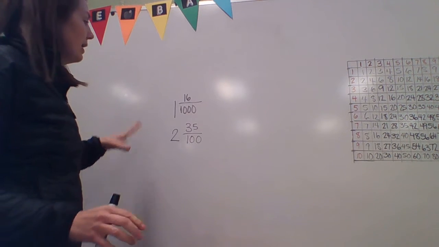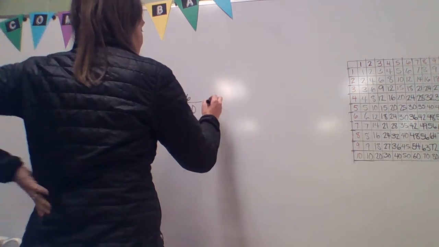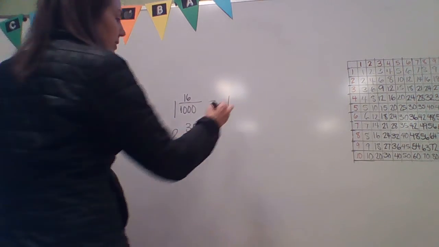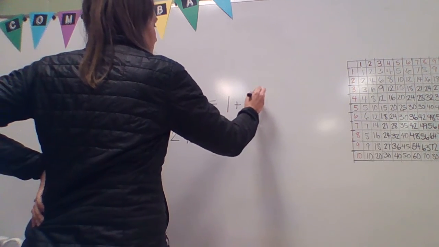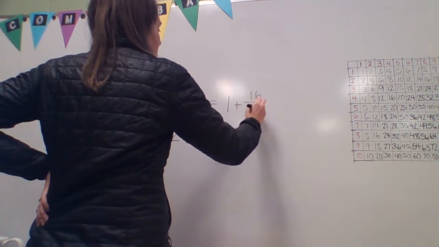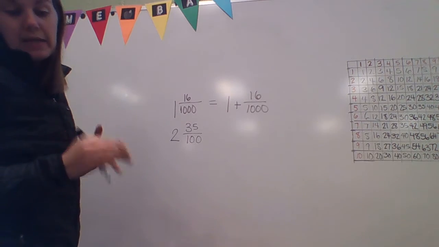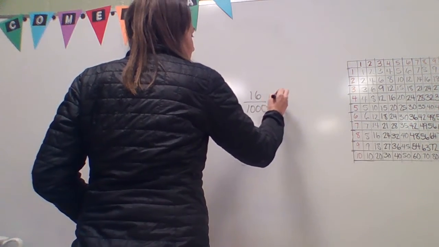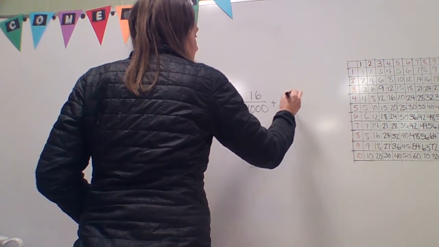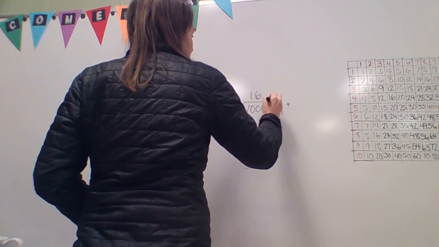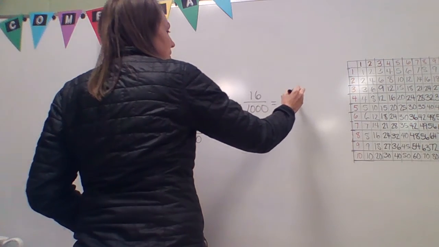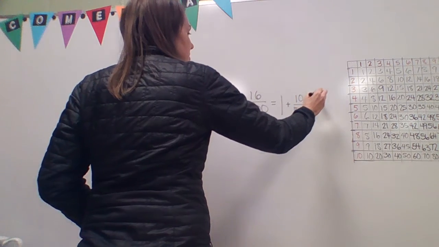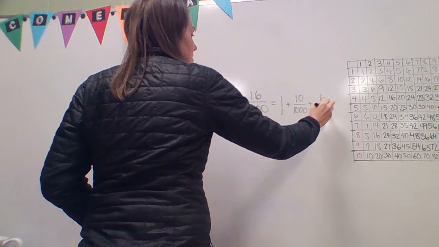And so then we could go ahead and expand them out by saying I have 1 plus 16 out of 1,000. I'm going to keep expanding that, and think of that's like saying I have 1 and 10 over 1,000 plus 6 over 1,000, right?